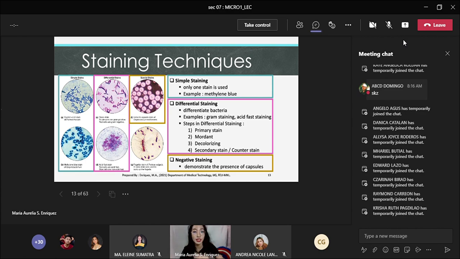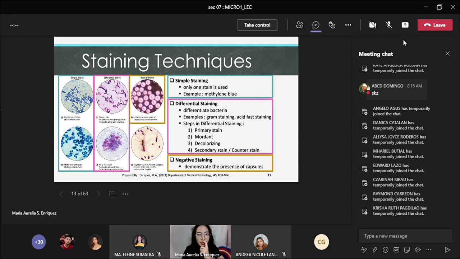So imbis na yung mga cells yung pupulayan natin, yung background po yung magkakaroon ng kulay. So if there is a clear zone or halo surrounding the cells, then this confirms na meron nga pong capsule yung organism. So examples of stains that is used in negative staining is India ink or nigrosin.